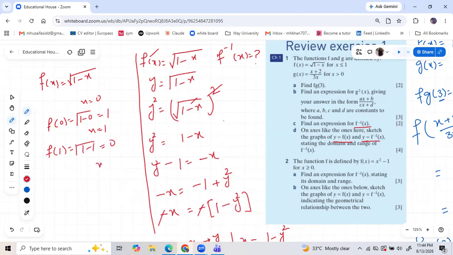And then x is equal to 2. So f of 2 is equal to the square root of 1 minus 2, which is the square root of minus 1. So we skip this point. Same if we put x is equal to 3: f of 3 is the square root of 1 minus 3, which is the square root of minus 2.